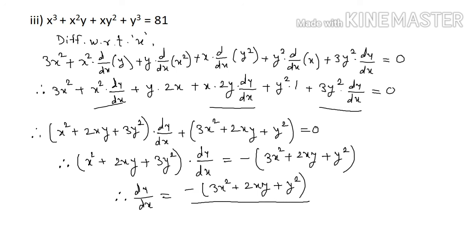This x² + 2xy + 3y² is for multiplication. So on RHS it will go for division. x² + 2xy + 3y². So this is your final answer of third sum.